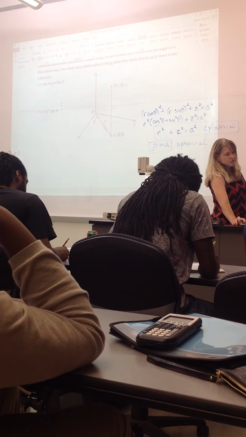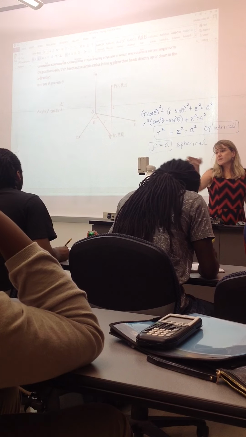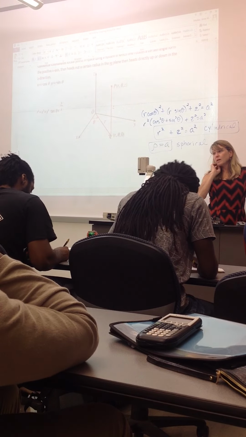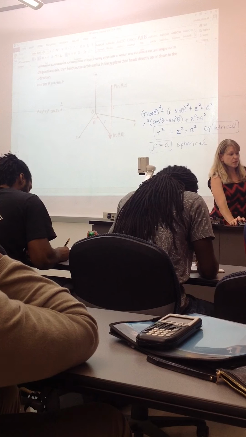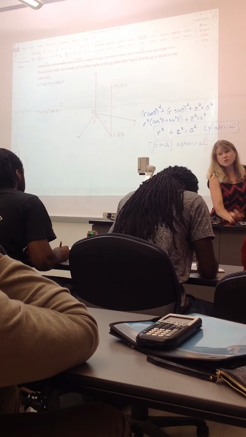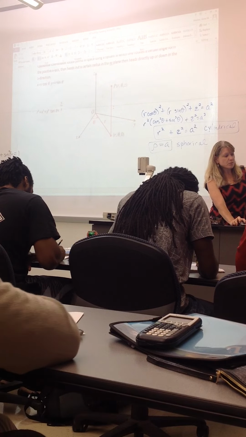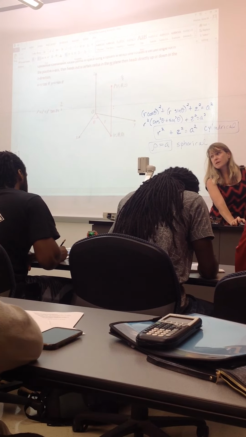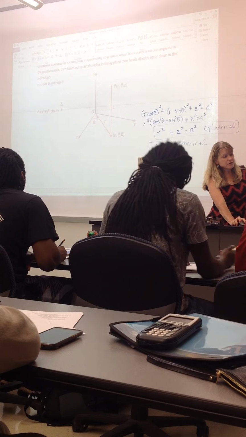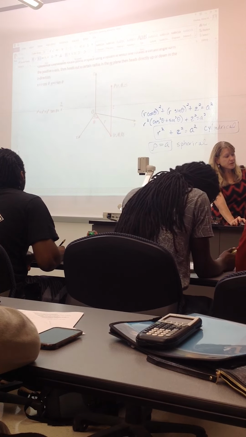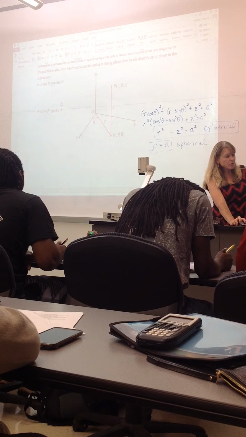R is the distance from the origin, but relative to the XY plane. Whereas rho, which is the radius of the sphere, is measured from the origin, but straight out in space. Whereas for R, you start off pointing down the x-axis.